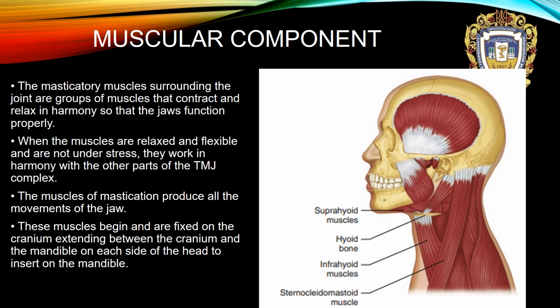The muscles of mastication produce all the movements of the jaw. These muscles begin and are fixed on the cranium, extending between the cranium and the mandible on each side of the head to insert on the mandible.